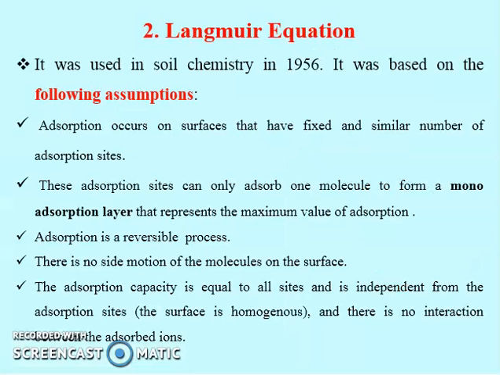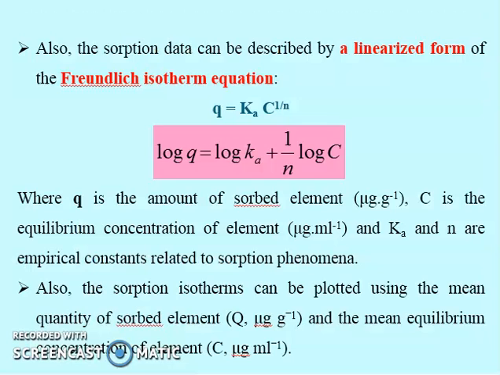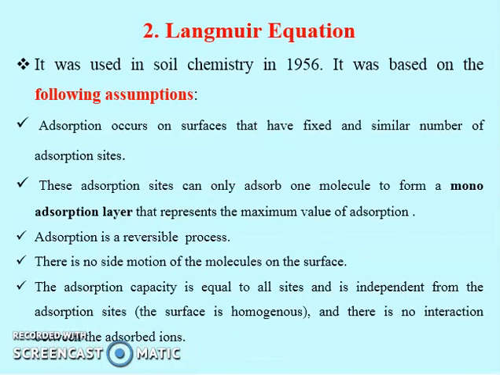The second model, as I told you, the Freundlich is an empirical equation, while Langmuir has a rational basis. The Langmuir equation was also used in soil chemistry, and first used in 1956, and is based on the following assumptions.